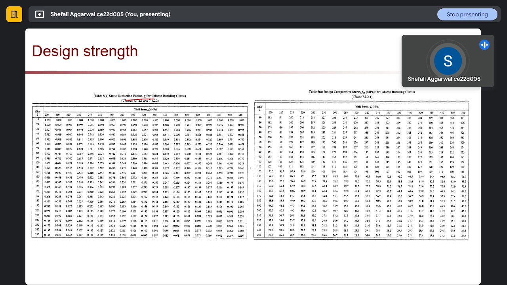So if our stress reduction factor is say 0.342 and our Fy is 250, this will give us a slenderness ratio of 140. So based on our Xi and Fy value, we can calculate our slenderness ratio. Similarly, from our values of FCD and Fy, we can calculate our slenderness ratio or vice versa.